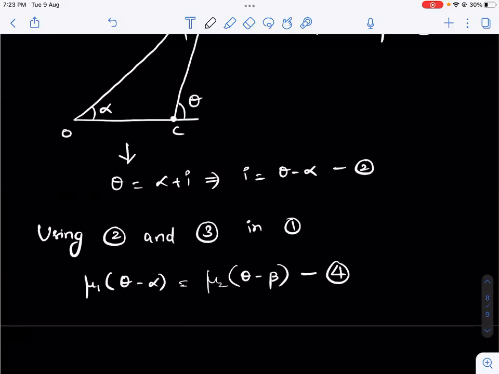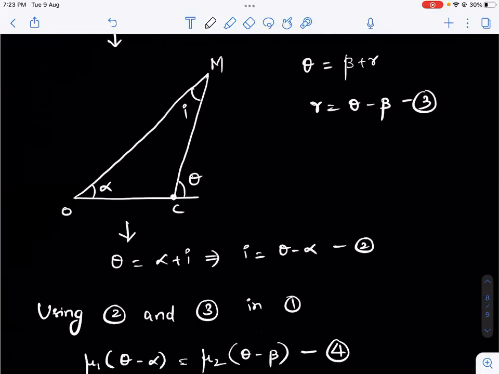So mu1 into theta minus alpha is equal to mu2 into theta minus beta. Is it clear?